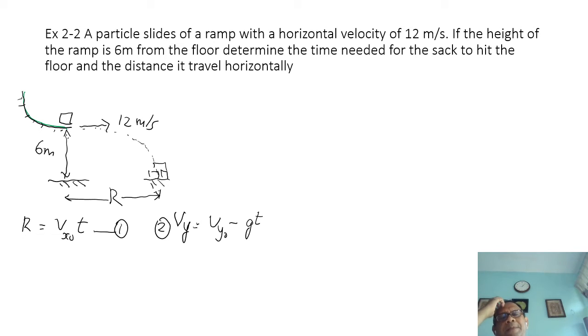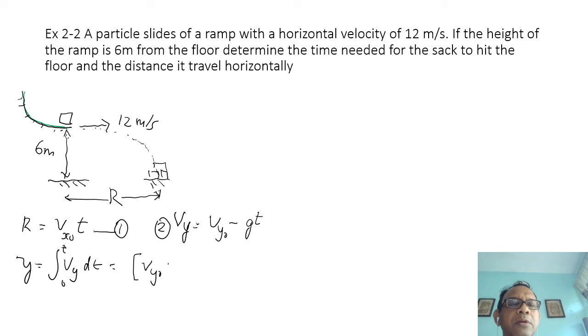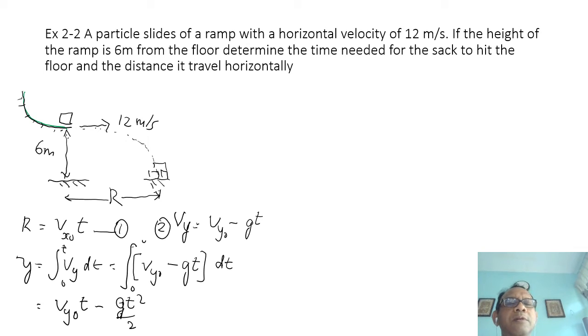This is the initial velocity, and from there we can integrate. So y is the integration of Vy dt from 0 to t, so the integral of Vy naught minus gt dt, and we have Vy naught t minus g t squared over 2, and let's call this the third equation.